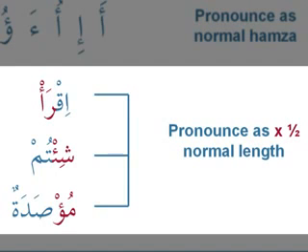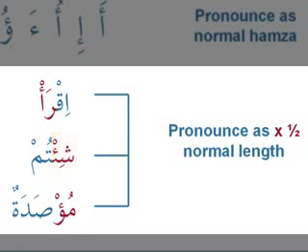Okay, so we'll just go through these examples. So the first one is we've got Iqra. Okay, so you literally shorten the Ra, which would normally be one long, cut it down to about half the length. So it'd be Iqra instead of Iqra. Okay, so we shorten it. The second one is Shi'tum. So instead of Shi'tum, you say Shi'tum.